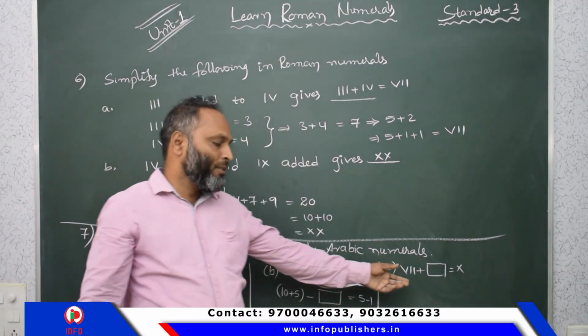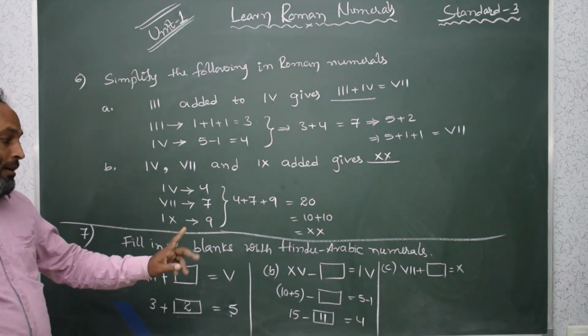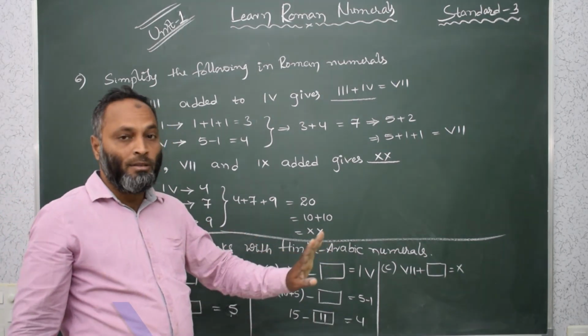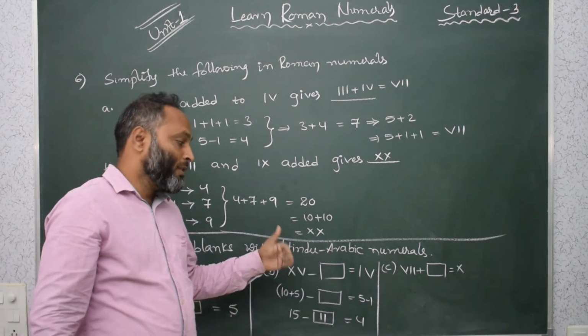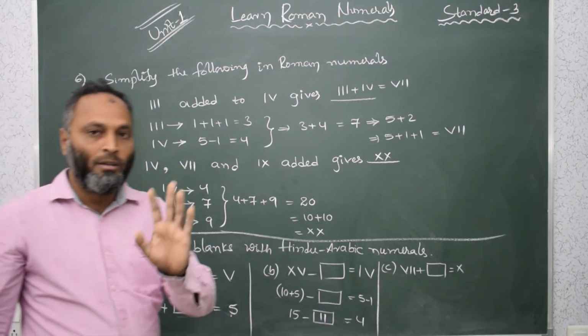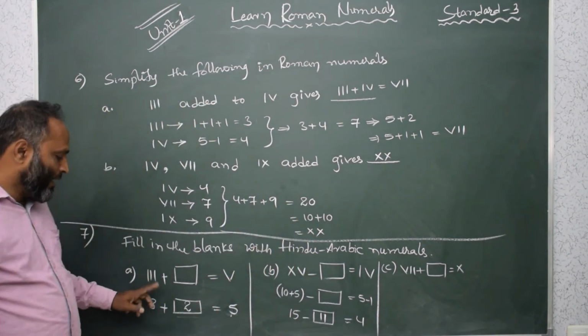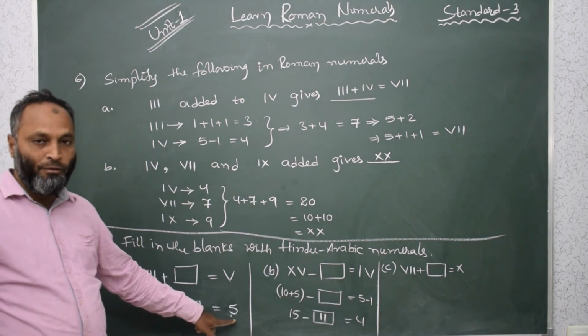This is the home assignment. In the same way, but here it is asking for Hindu-Arabic numerals, not Roman numerals. First you have to convert the Roman numerals into Hindu-Arabic numerals, and then you write your answer, like 3 plus what makes 5.